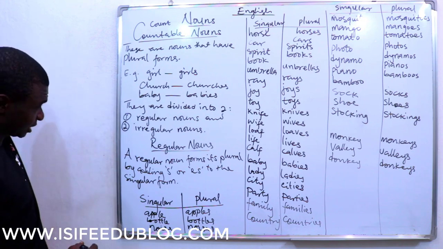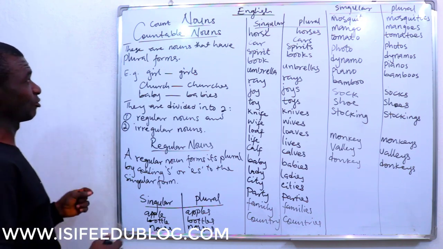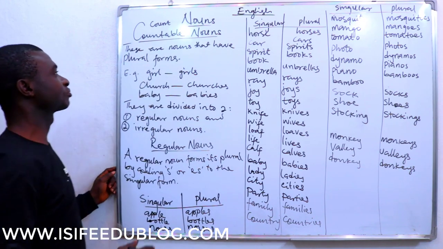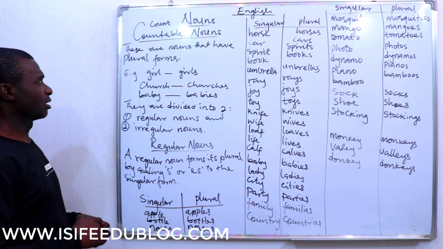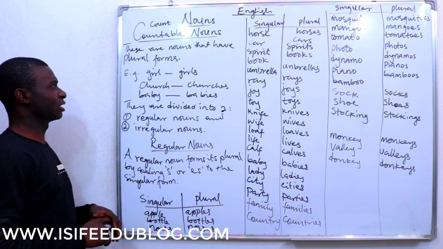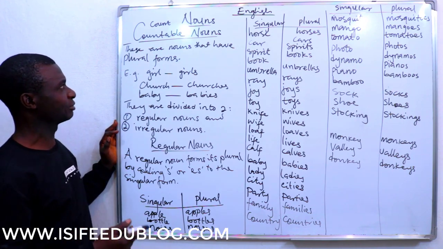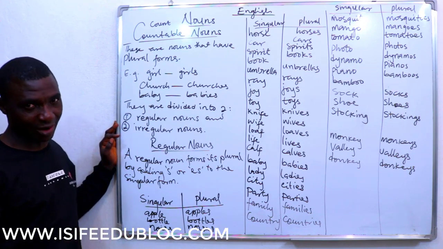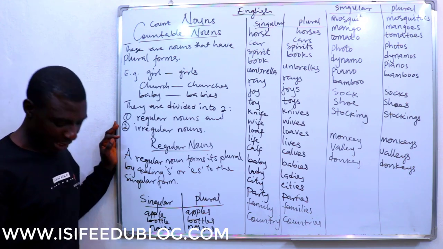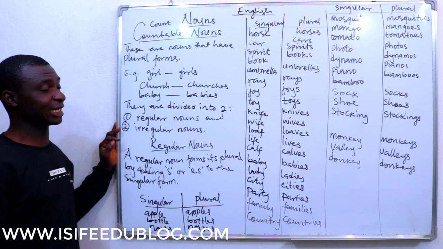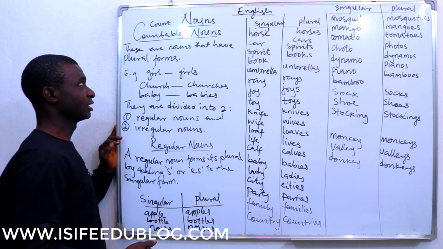Now, what is the idea behind the word count? Usually, there was this definition that says a countable noun is a noun that can be counted, while an uncountable noun is a noun that cannot be counted.